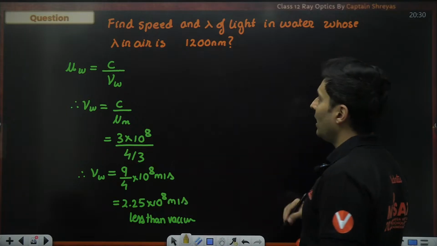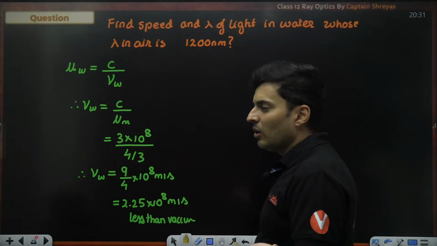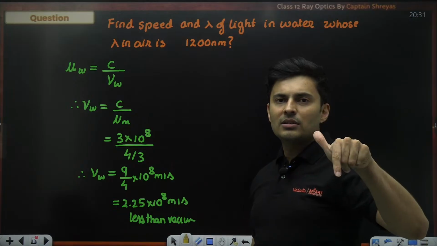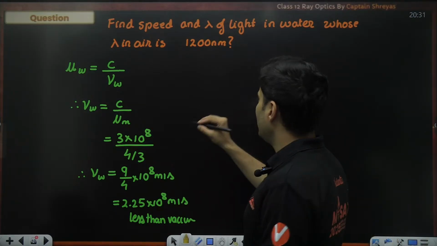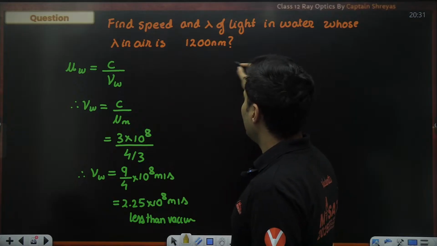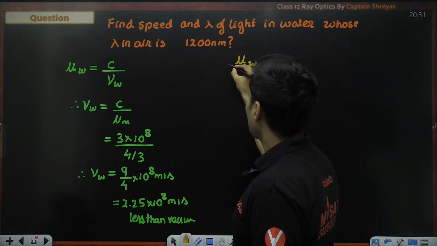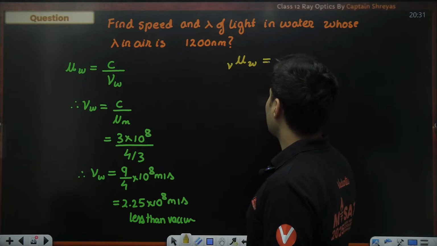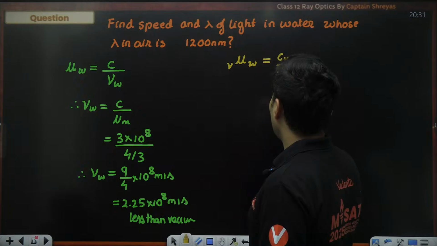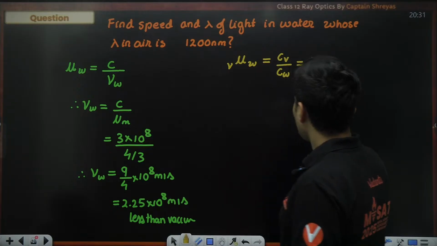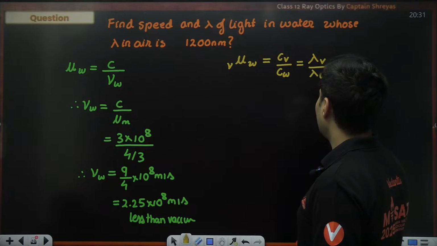Now, the second part asks me to find the wavelength, but I do not know the frequency. Otherwise, if speed, wavelength, and frequency were known, I could find it. Instead, I can say the relative refractive index when light goes into water from vacuum is speed of light in vacuum upon speed of light in water, which is also wavelength of light in vacuum upon wavelength of light in water.